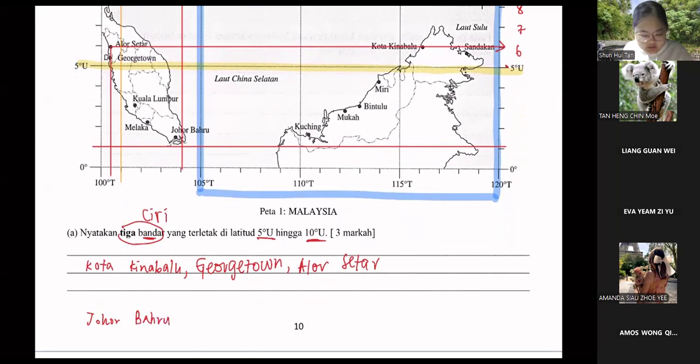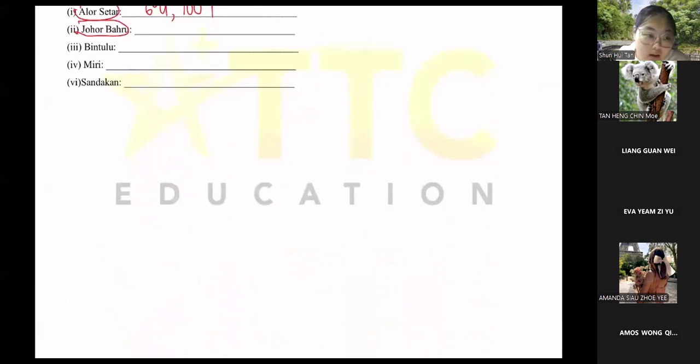So where's Johor Bahru? Look at the latitude first. They are located at 1 Utara, comma, 103 Timur. The rest, you get it? Are you good?